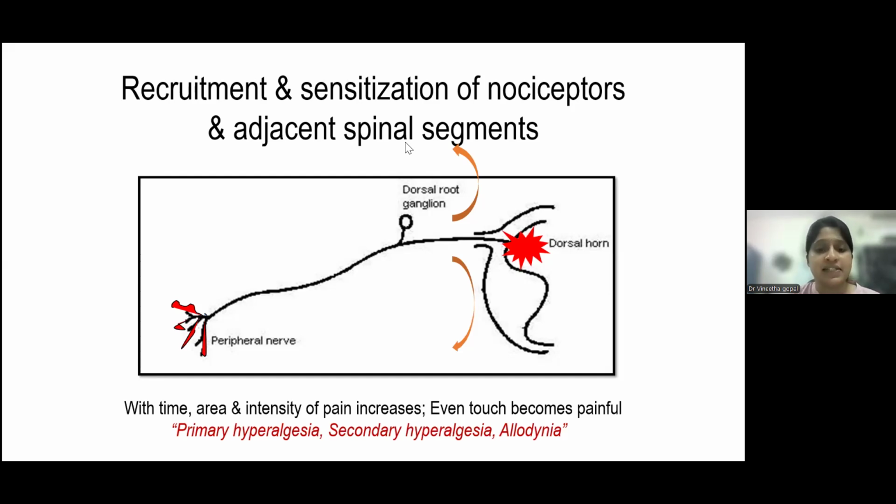So that is secondary hyperalgesia. Somebody has answered correctly. And allodynia means even touch becomes painful. That is, even with a non-noxious stimulus, there is now pain.